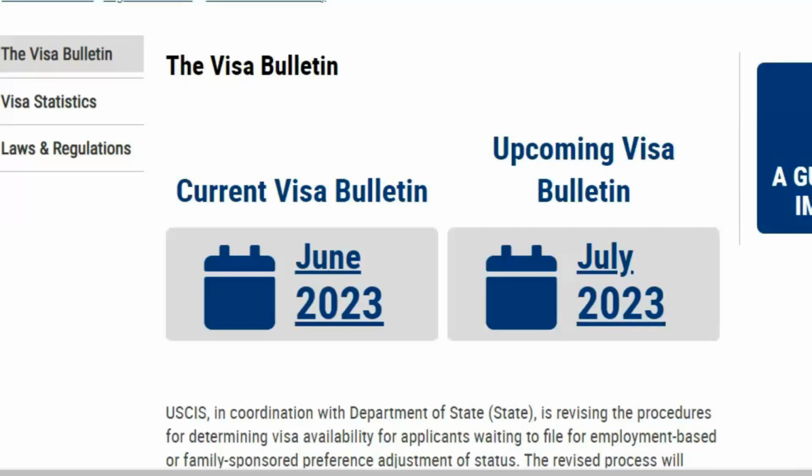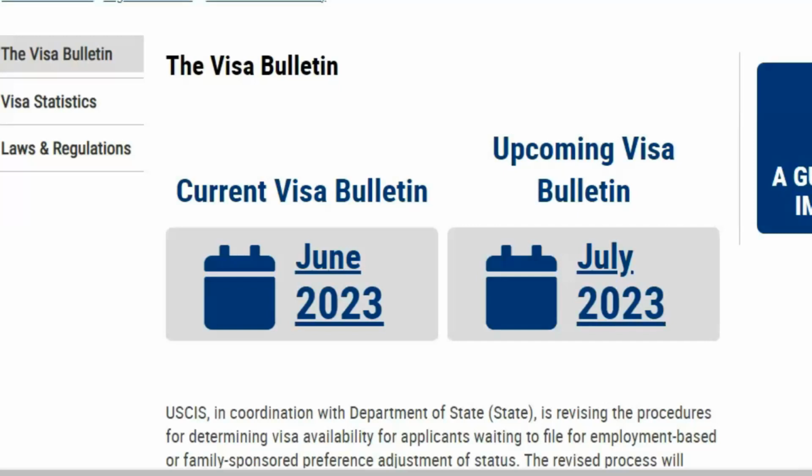We are currently in the month of June, so the current visa bulletin is June 2023 and the upcoming visa bulletin is July 2023. Now, when we get in the month of August, the current visa bulletin will be for August 2023 and the upcoming will be for September 2023.